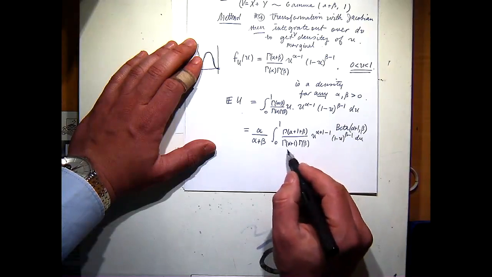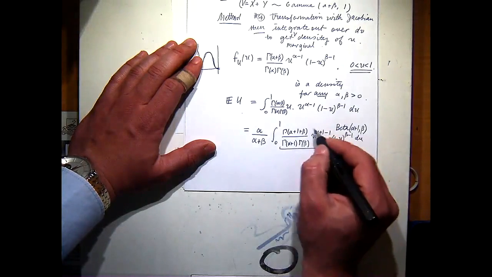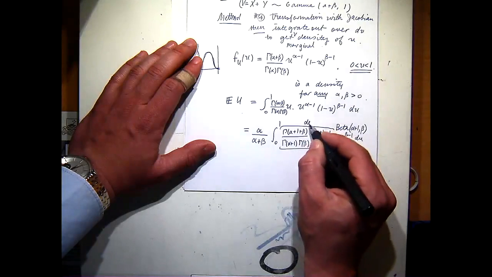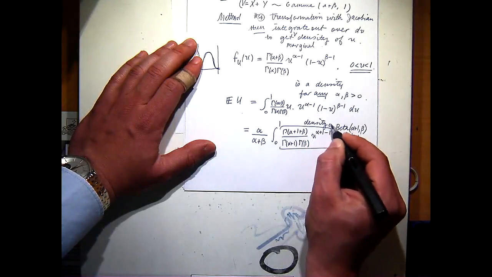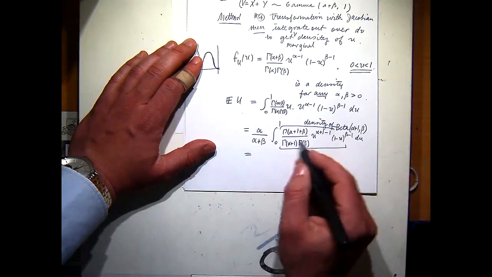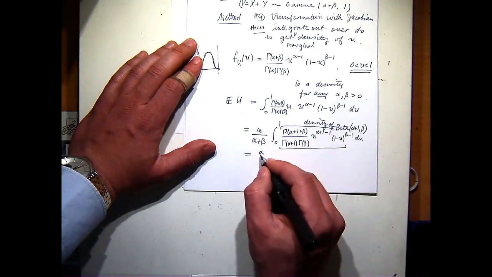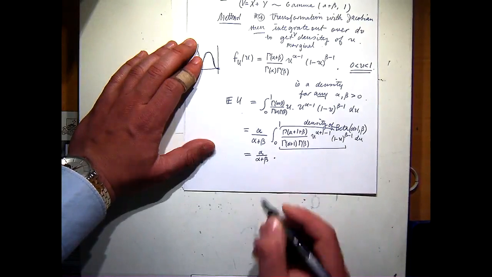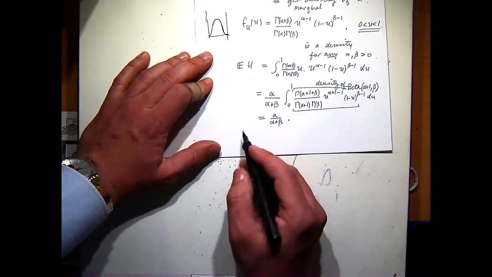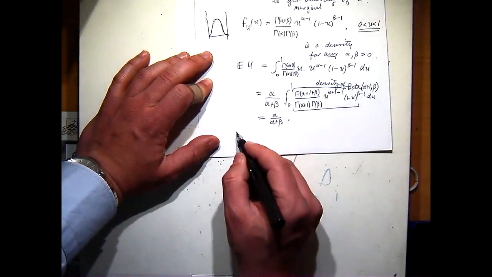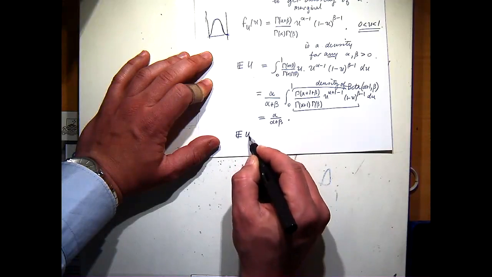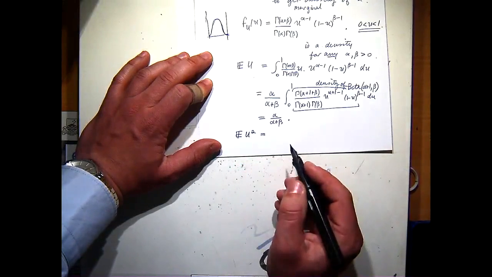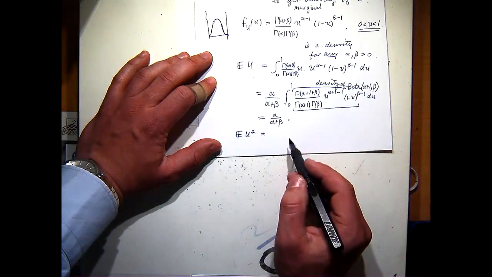So this is the density of a beta, and we're always using the same trick that a known density integrates to 1. So that is alpha over alpha plus beta times 1. Okay? And to do the expectation of U squared, it's just going to get a little bit more gnarly, but you can still do it by the same means.